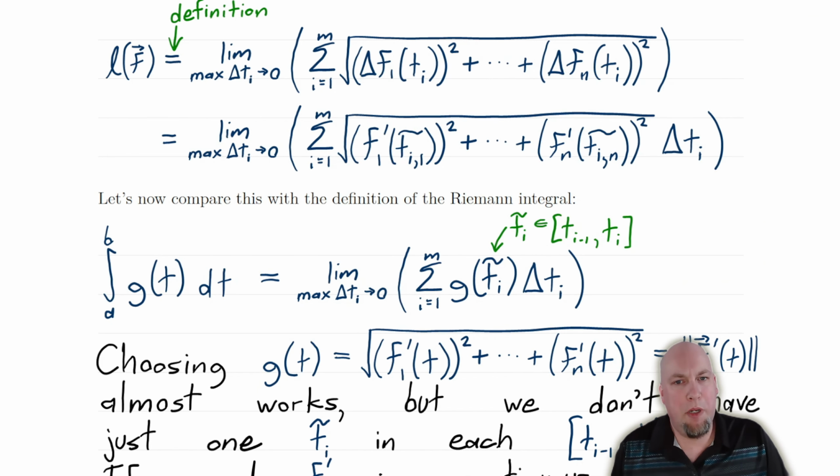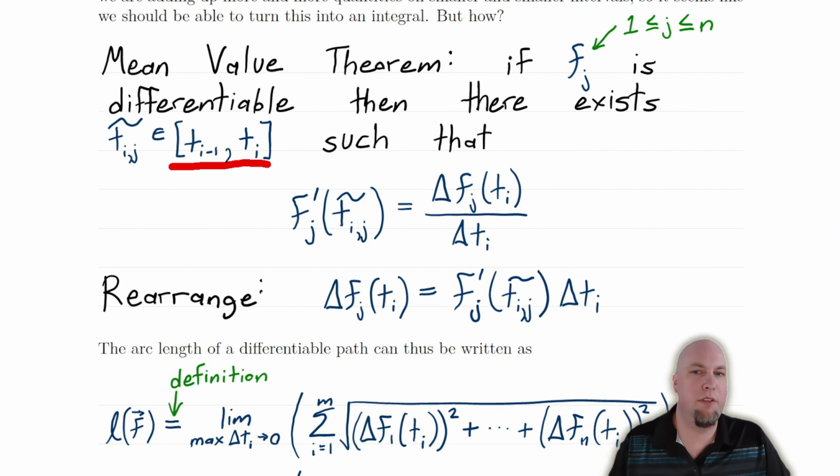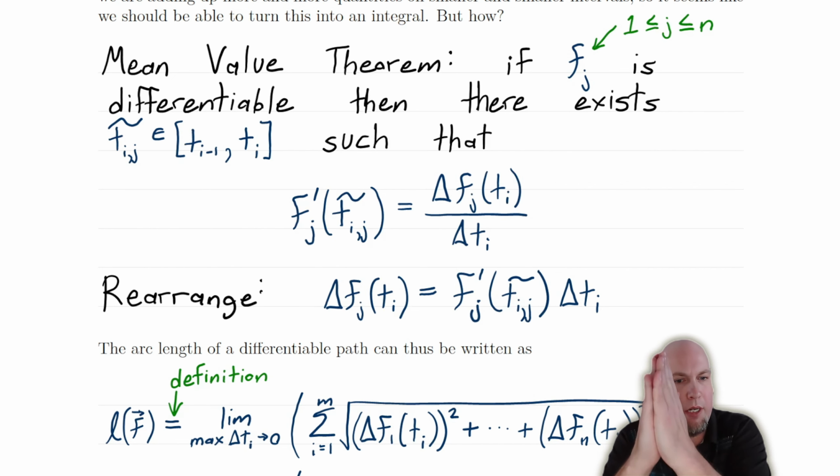And remember, each of these ti1 tilde, ti2 tilde, all the way up to tin tilde, where are those coming from? Those are coming from the interval ti minus 1 to ti, and that interval is having its width squished down to 0.